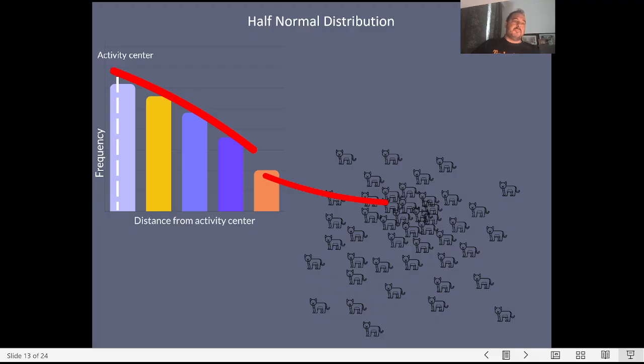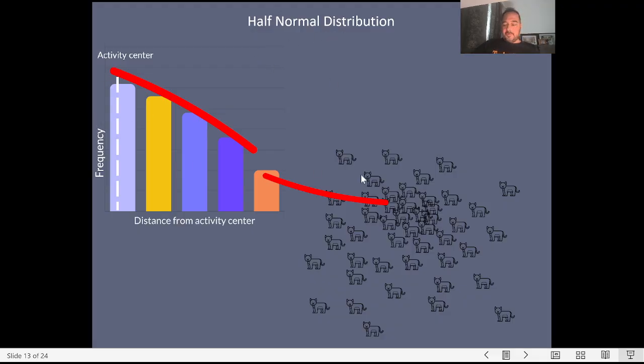And the farther we go, the fewer detections we will get. So it will be less. The more we increase the distance from the activity center, the fewer detections we will have, luckily, right? So what we have to look for is the half normal distribution.